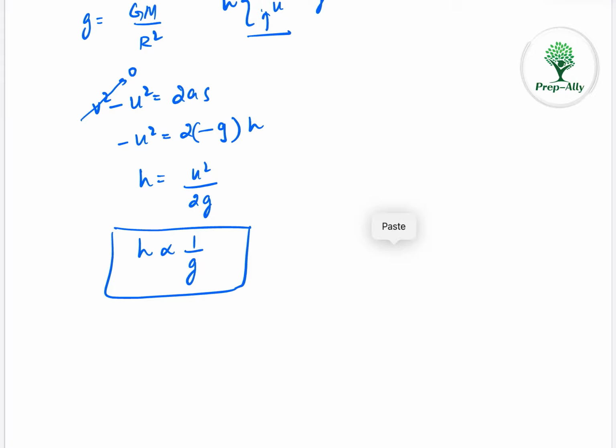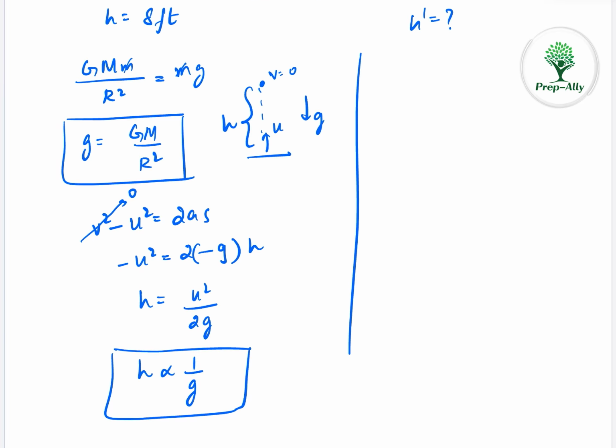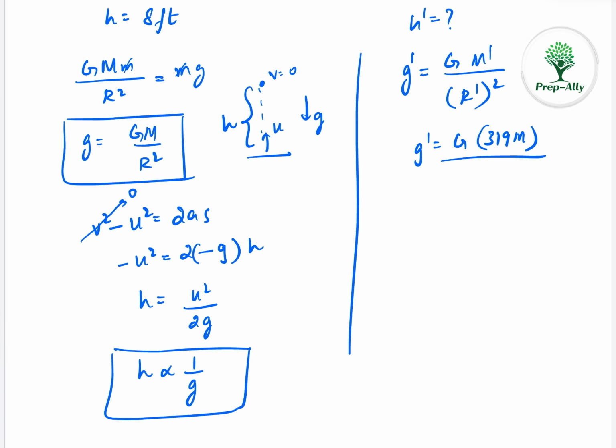Now on Earth we already know g is GM by R square. Now how about on Jupiter? On Jupiter it is going to be g dash, say GM dash, mass of Jupiter, by r dash, radius of Jupiter, whole square. That gives us g dash is equal to G 319 M by 11 R whole square.